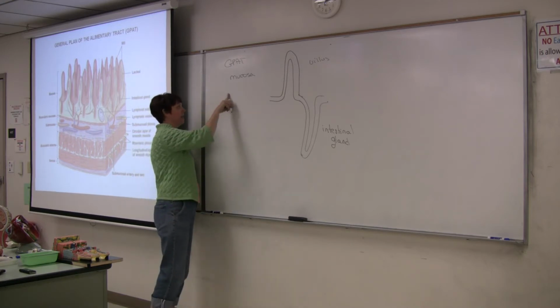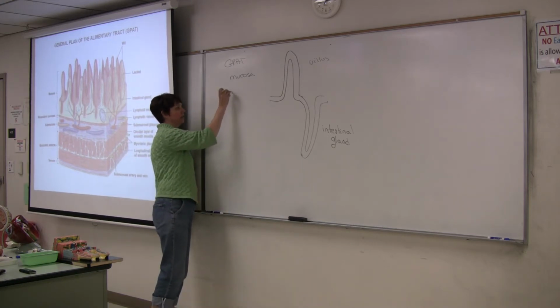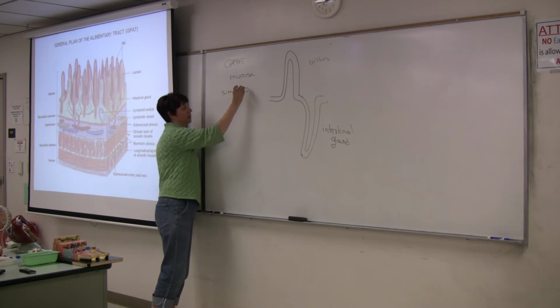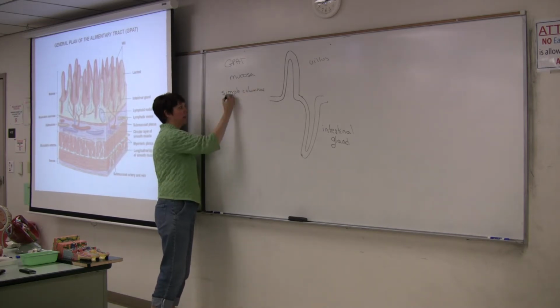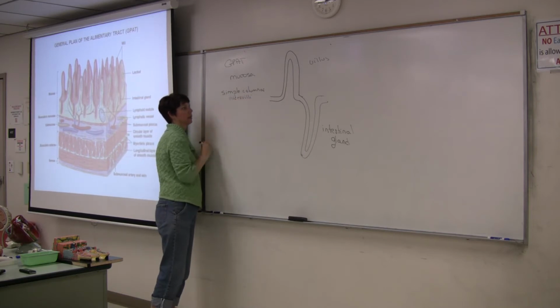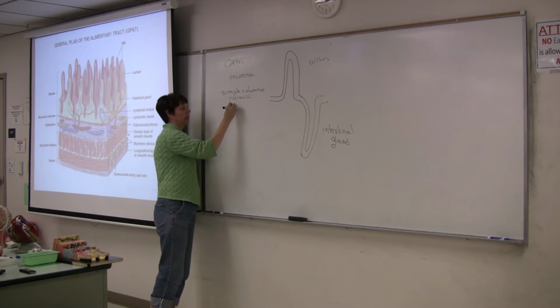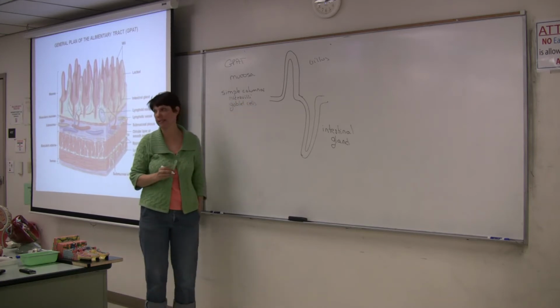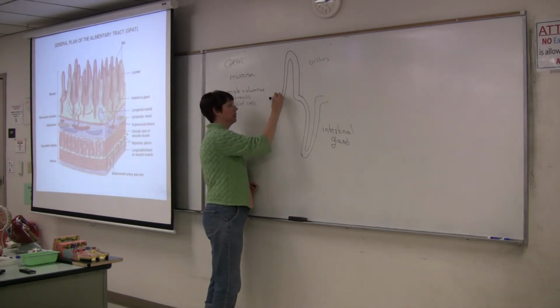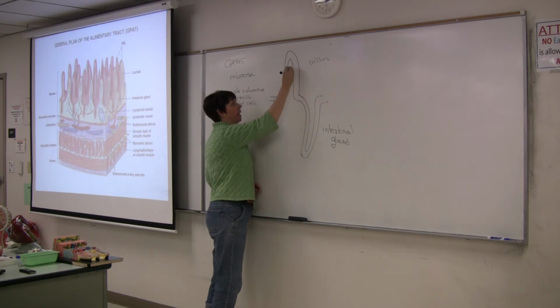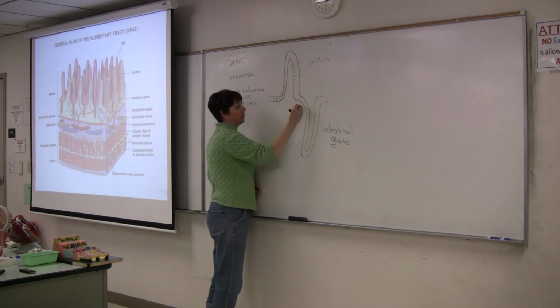So the epithelium is again simple columnar. Microvilli are still important. But now we add goblet cells instead of having mucus cells. So simple columnar. And I'm not going to do the entire thing, it's taking forever.